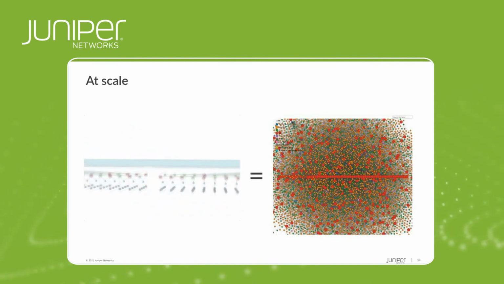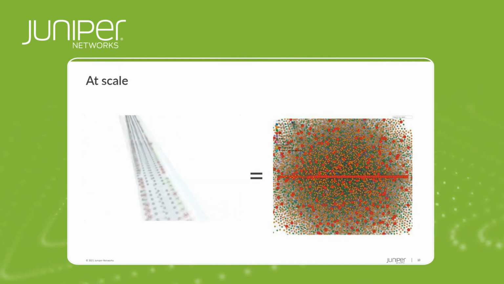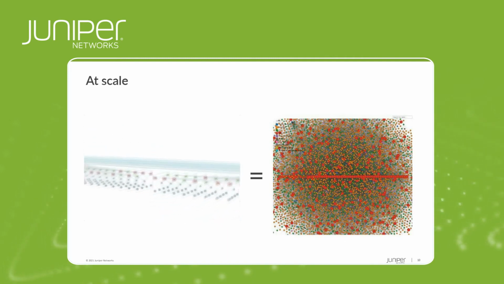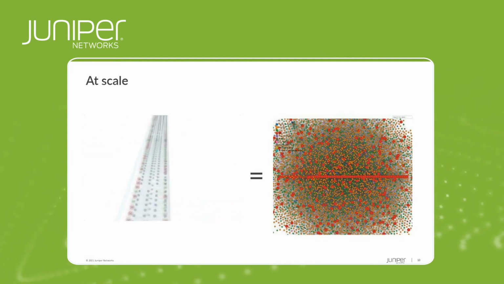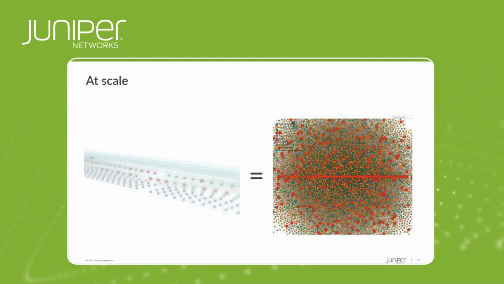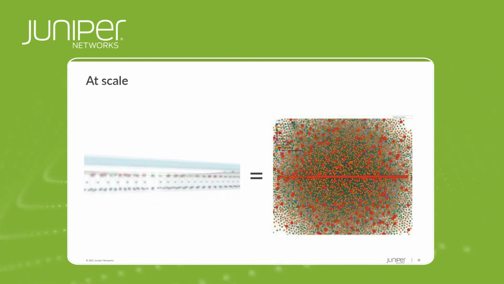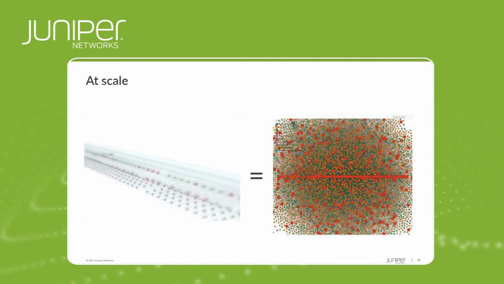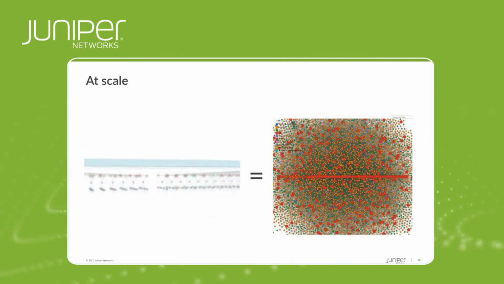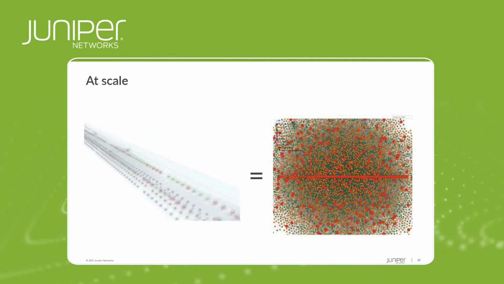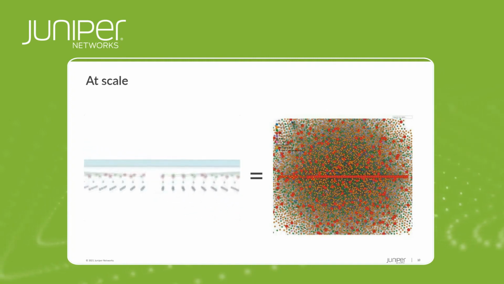This translates into something that is represented on the right. Our largest customers have between 20 and 30 million relationships in the database, modeling more than 1 million EVPN routes. That is how the system sees the network.